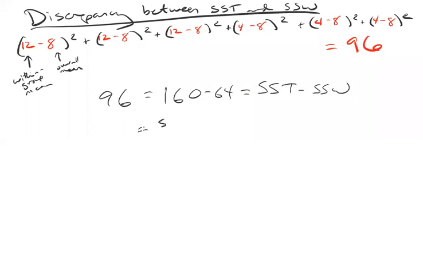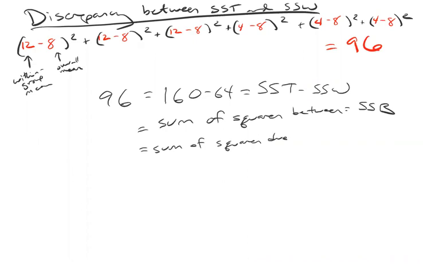It's called the sum of squares between, or SSB. It's also sometimes called sum of squares due to the model. So let's talk about these.